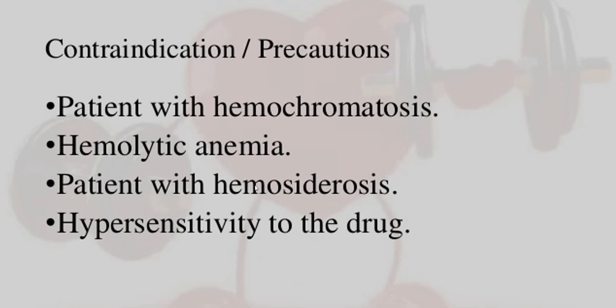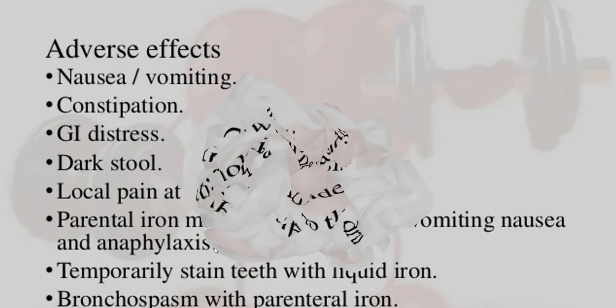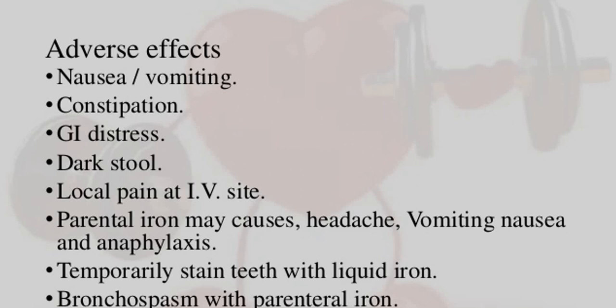Next is patients with hemosiderosis disorders. Hemosiderosis is the term used for excessive accumulation of iron. Its deposit is called hemosiderin in the tissue. Next one is hypersensitivity to the drugs.